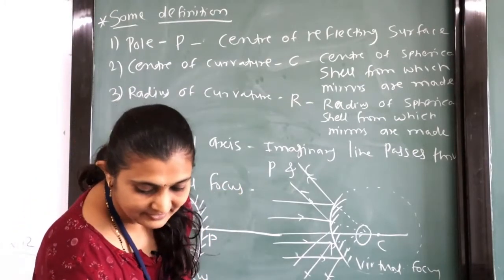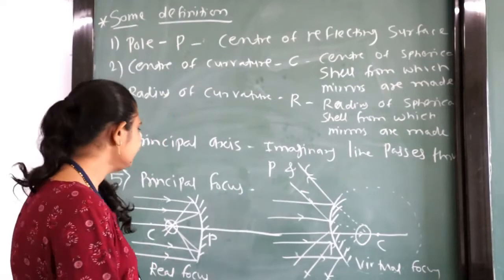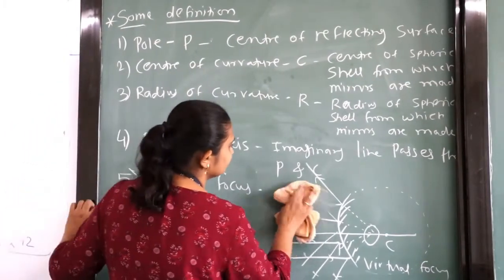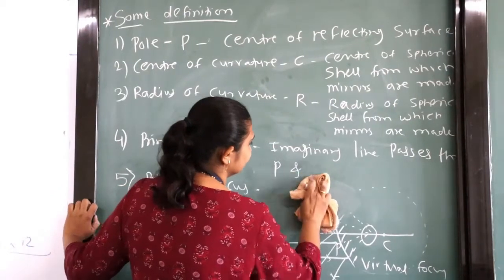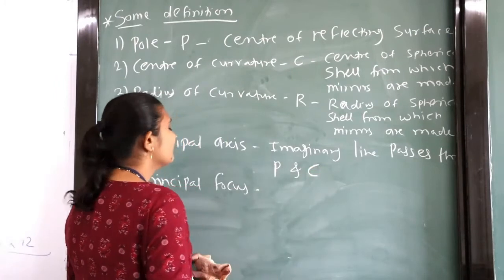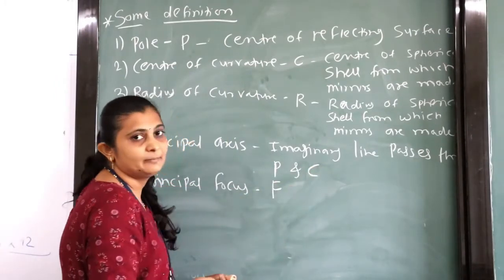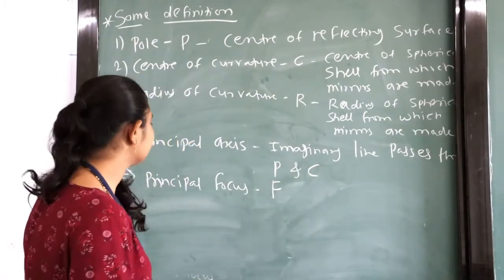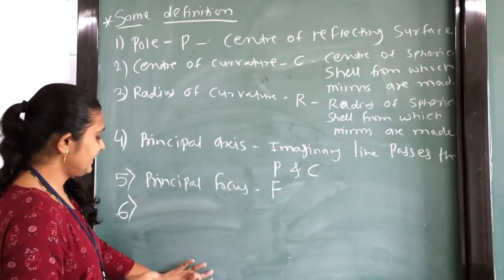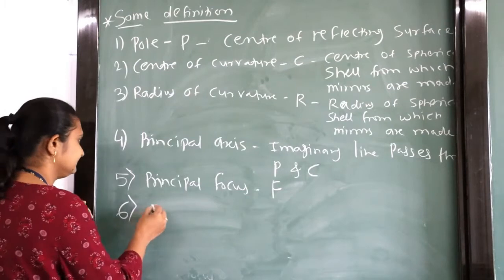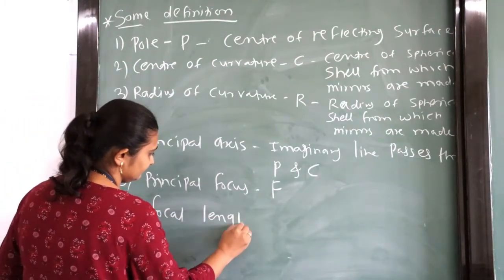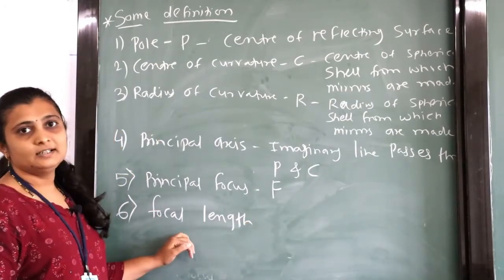Now the last definition is that focus is denoted by capital F. Next definition is focal length.